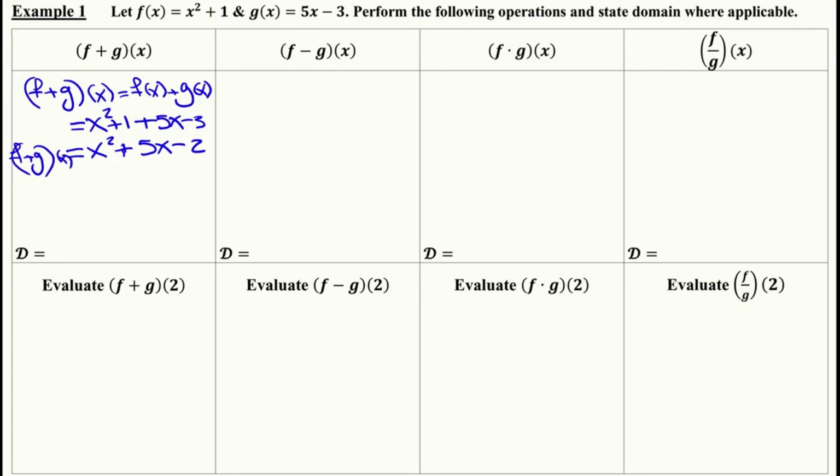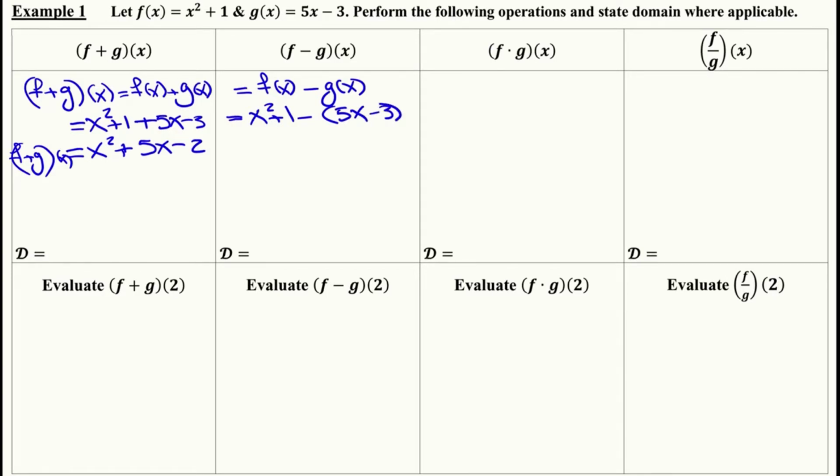Now for f minus g of x, it's going to be very similar. So we're going to get f of x minus g of x. So f of x is x squared plus 1 minus, this time we do need parentheses because g of x has more than one term and this negative needs to be distributed to them. So we write minus quantity 5x minus 3.